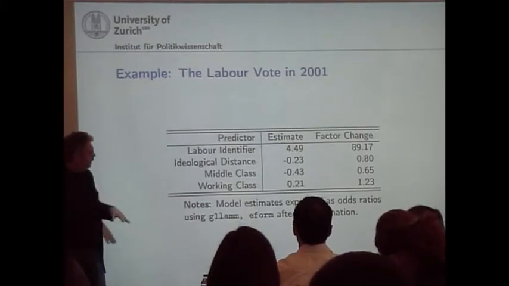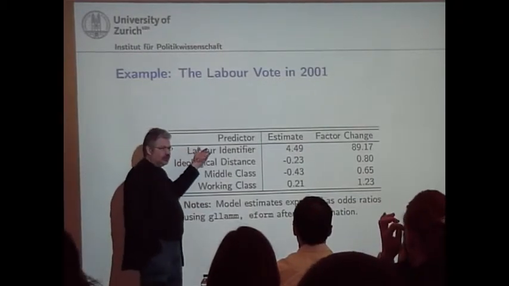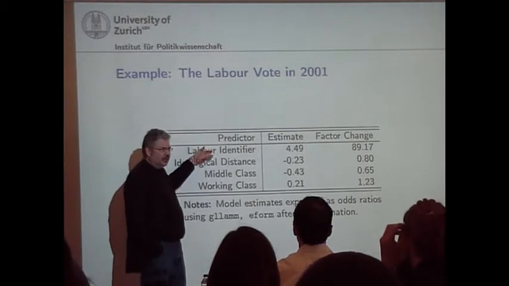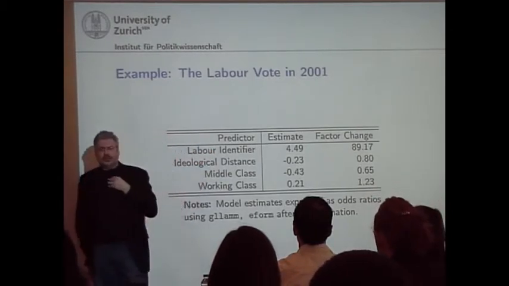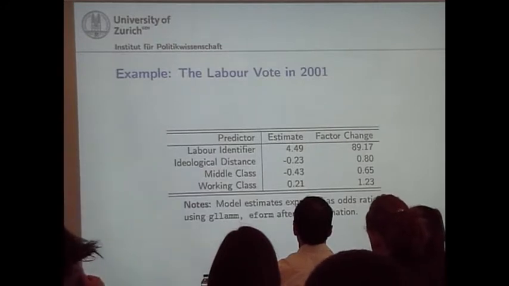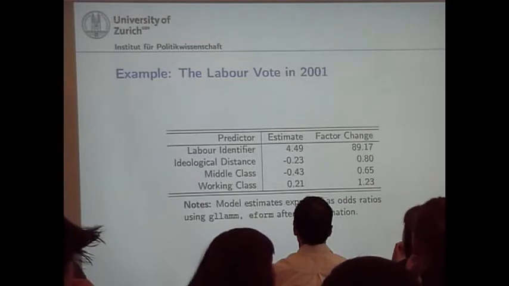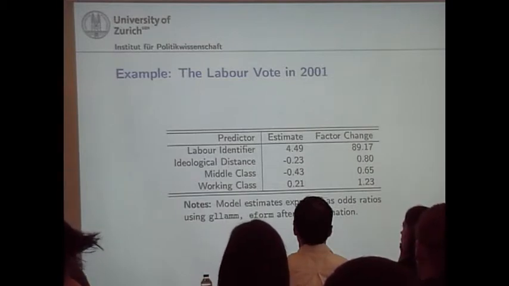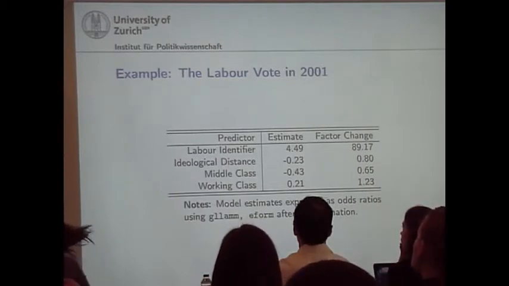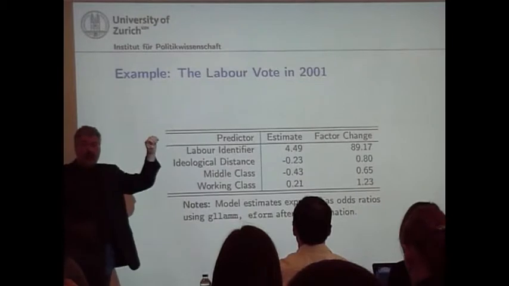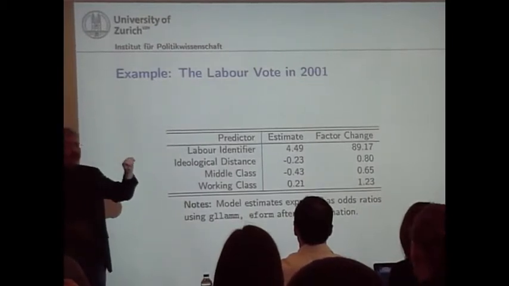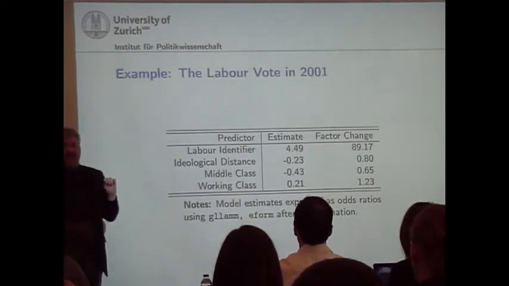The question is whether this is endogenous to vote choice, but let's assume it's not. So 89 times higher odds. Very important: it's the change in the odds, not the change in the probability of voting for Labor. It's the ratio of the probability of voting for Labor over the probability of not voting for Labor that changes.